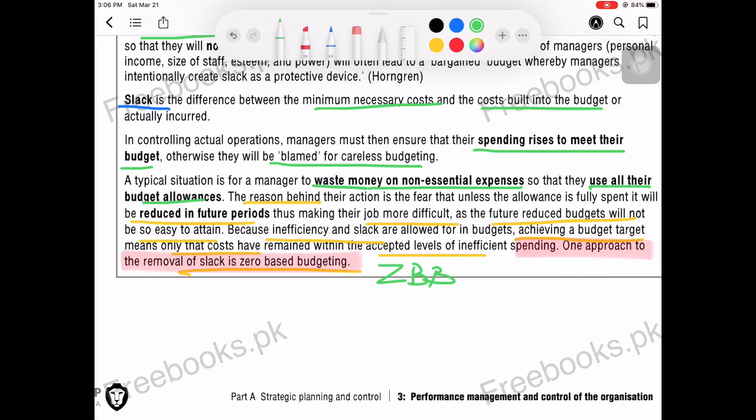So that's what it's trying to say about the slack, that it is the difference between these two amounts and is also the reason why this amount is being spent on inefficient expenses, and why it is an inefficient expense, because actually it's not required but it is still being incurred by the managers.